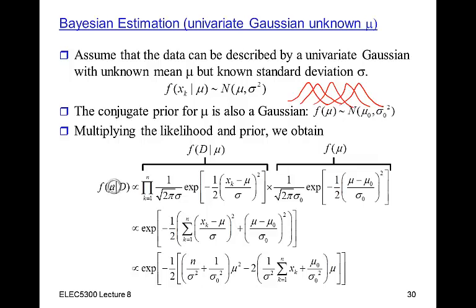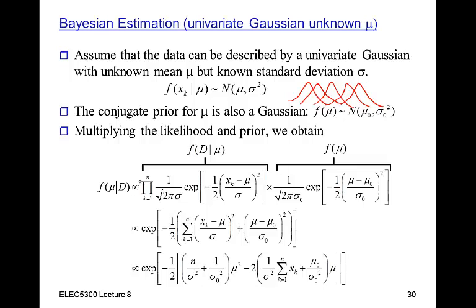So to find the posterior over mu, we multiply the prior over mu times the likelihood. We'd have to divide by the probability of D, but we don't really care about that because we're only interested in mu. So this is not exactly equal, but just proportional.